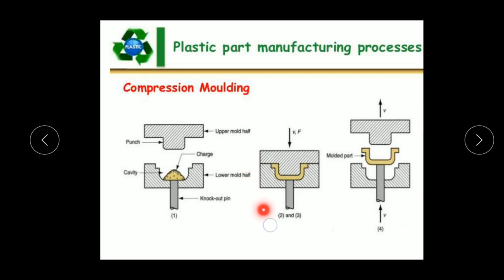Figure 2 indicates that the cope is in contact with the drag by means of external force, which means the compression process is done and it continues till the object is formed. Figure 3 indicates the collection of the finished product from the mold box by separating the mold box. Later on the finished product will be sent to further finishing operations.